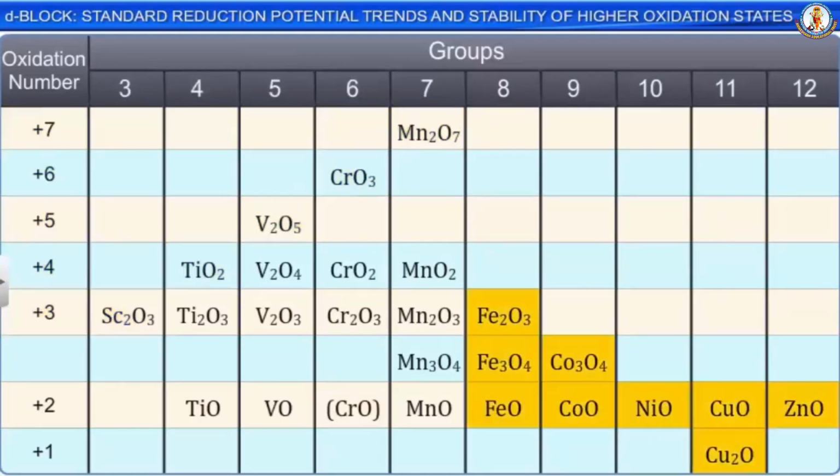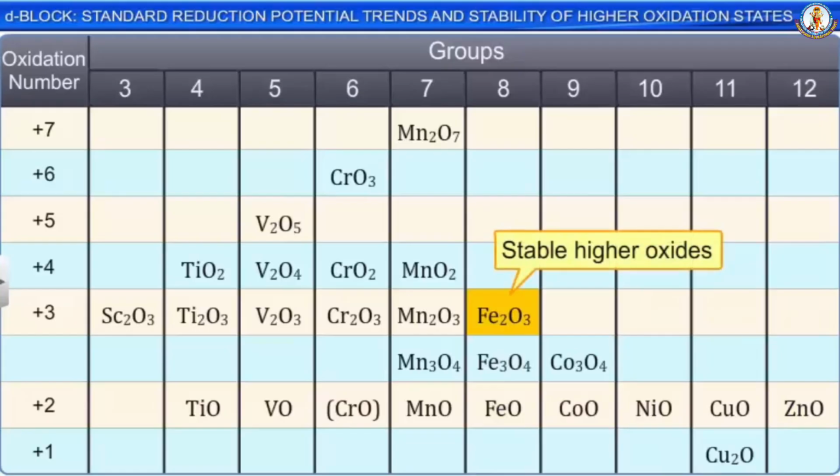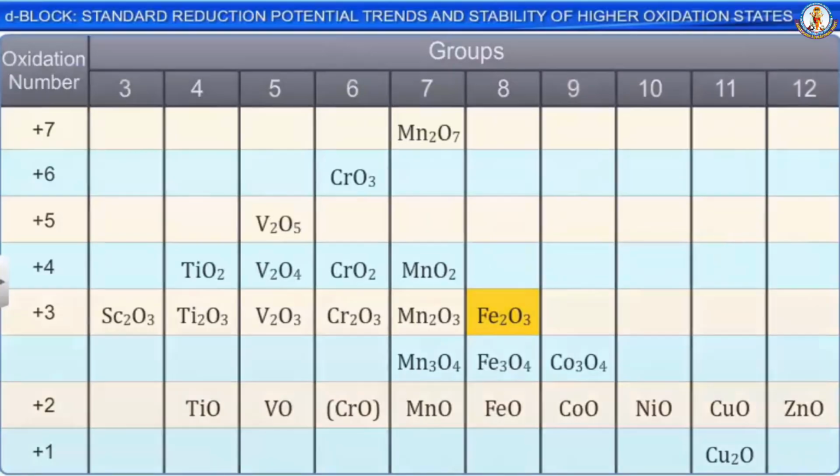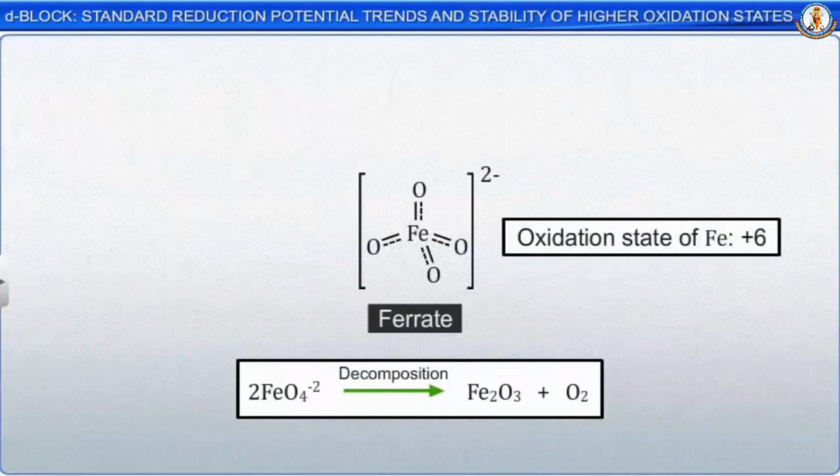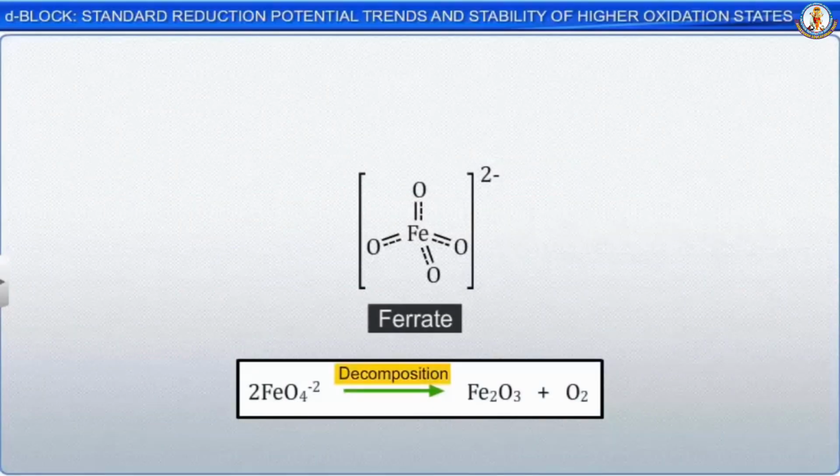No higher oxides are seen beyond manganese. For example, the only stable higher oxide formed by iron is iron-3 oxide. Although iron forms ferrates in alkali media in which iron is in +6 oxidation state, it readily decomposes into iron-3 oxide and oxygen.